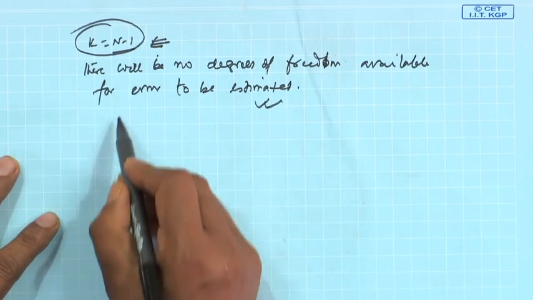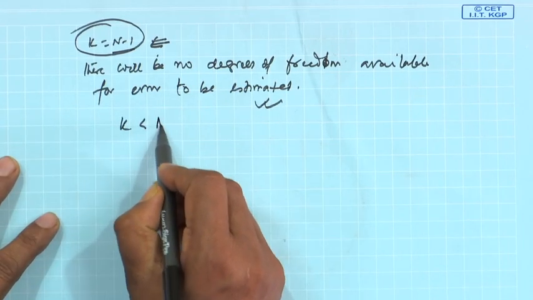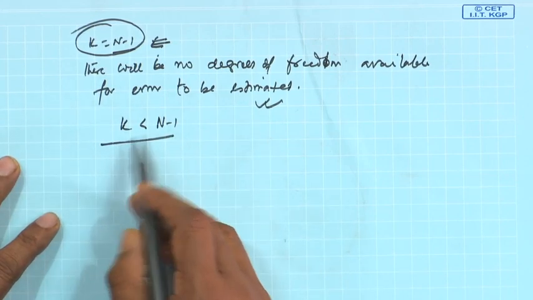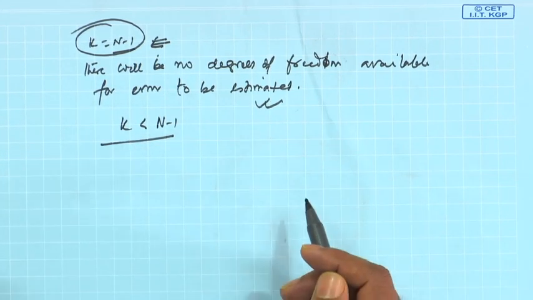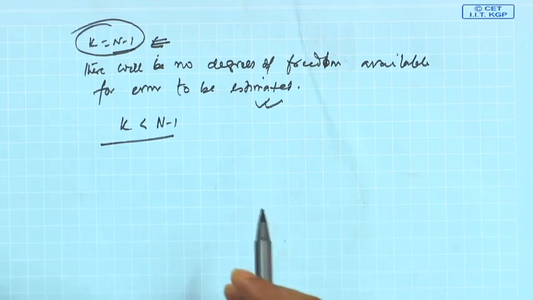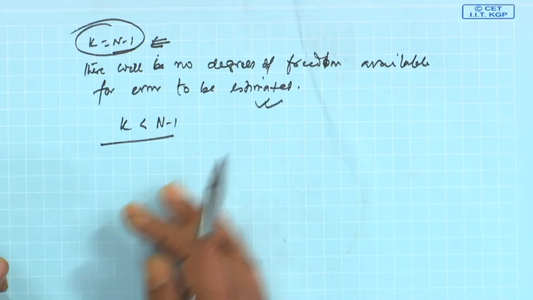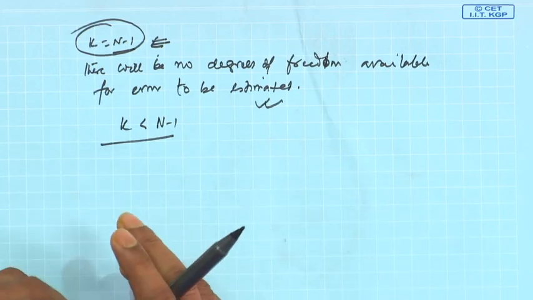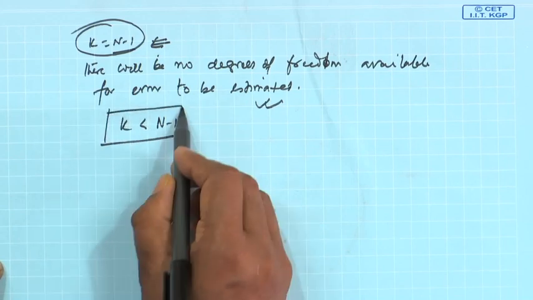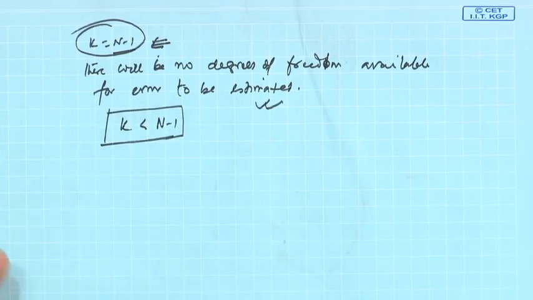So, what you require then is, if you use k less than n minus 1, then depending on the type of effects of interest, there can be some source of error estimation. We will discuss those things.